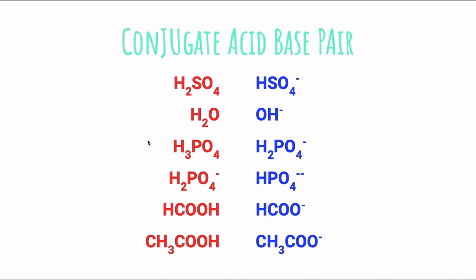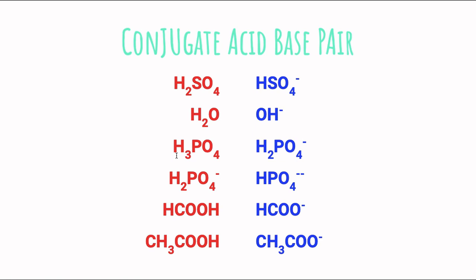H3PO4, phosphoric acid. By donating a single proton, losing 1 proton, it gets converted into H2PO4 minus. See the difference between these two. Here the base contains one H plus ion less and a single negative charge develops here.